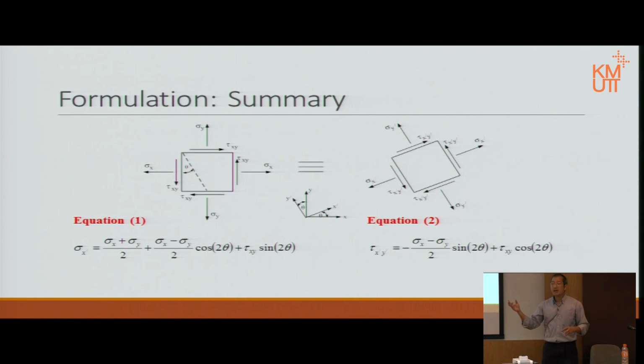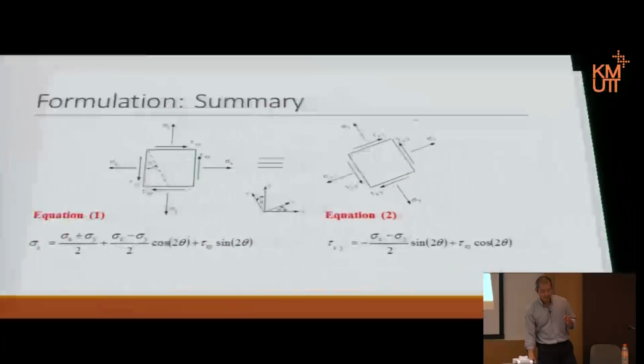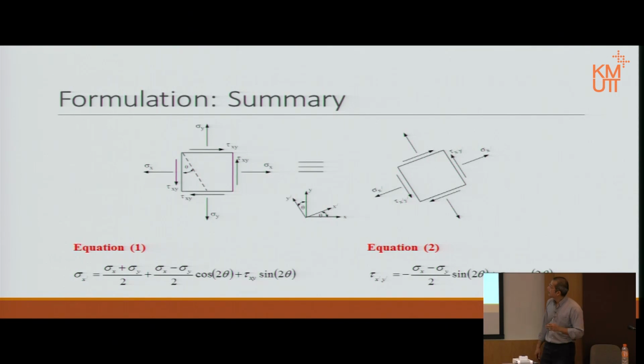Now, maybe we should do sigma y prime, but something should be noticed here. If we turn this element 90 degrees more, it becomes y prime. Therefore, rather than finding y prime, we just substitute that 90 degrees more. That's all. We just turn it 90 degrees more.